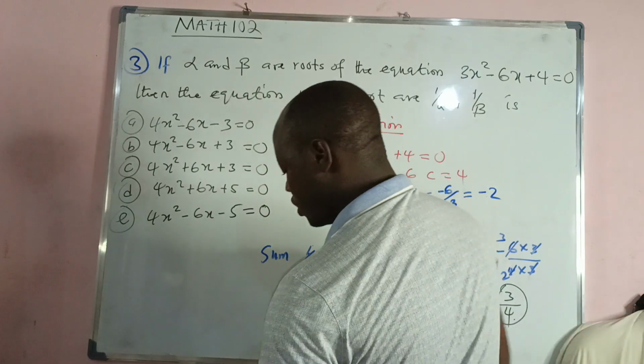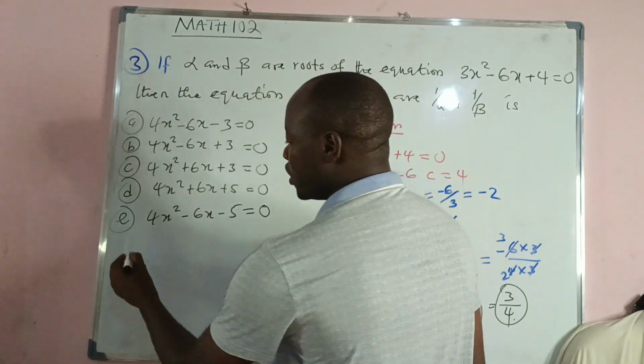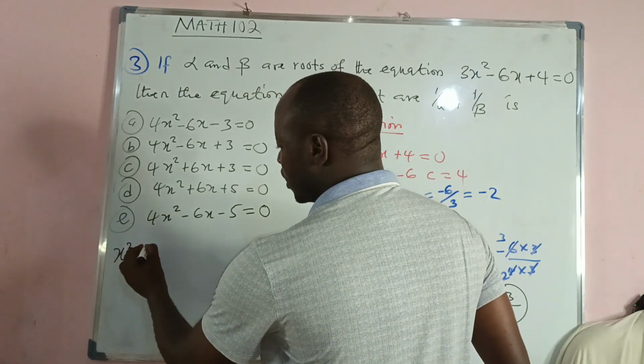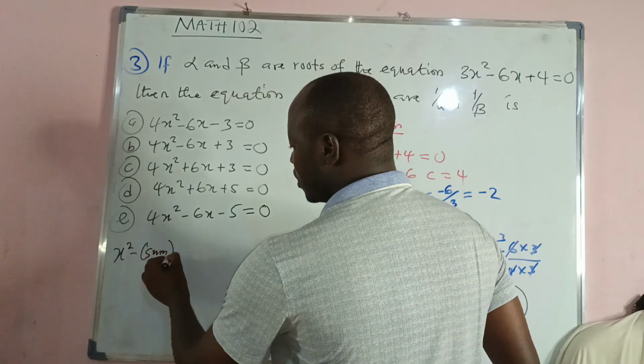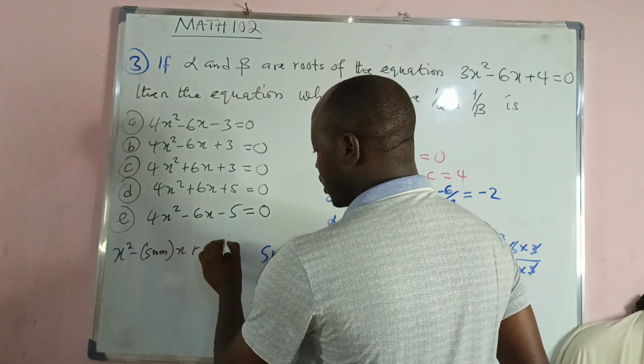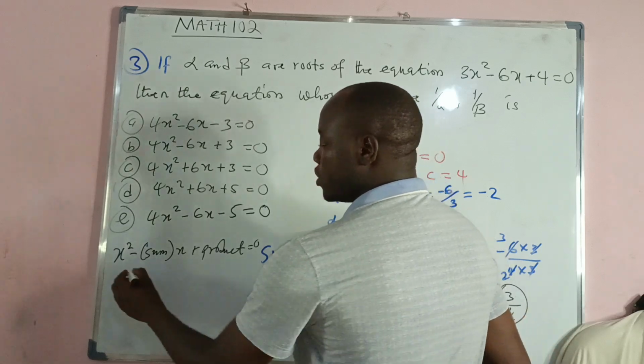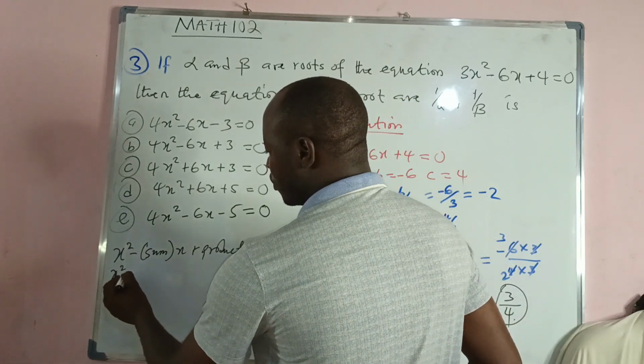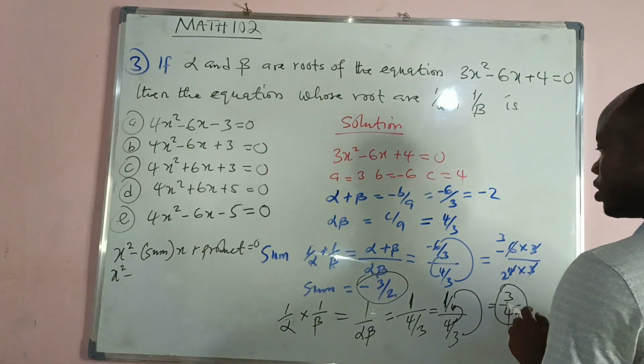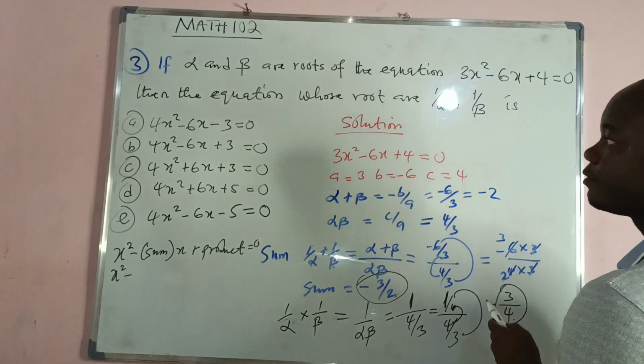Remember, in the previous questions we solved, I told you that the equation is x squared minus open bracket sum close bracket x plus the product equals 0. So now we have x squared minus the sum we got from here.